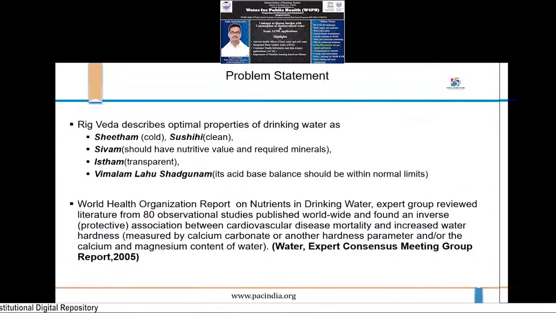However, what has happened in the post-industrialization era is that with industrialization and urbanization, the legacy water resources like the open lakes, the community water resources or the river banks have been polluted. There has been misuse of the water, and still that water is being consumed in one way or another for drinking.